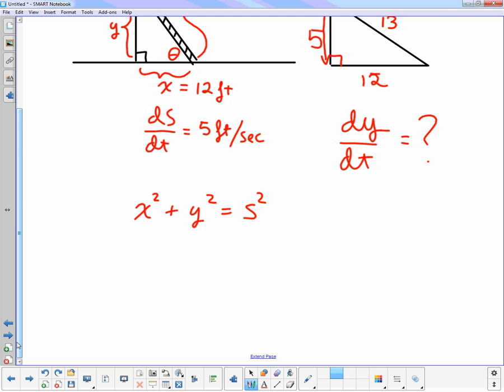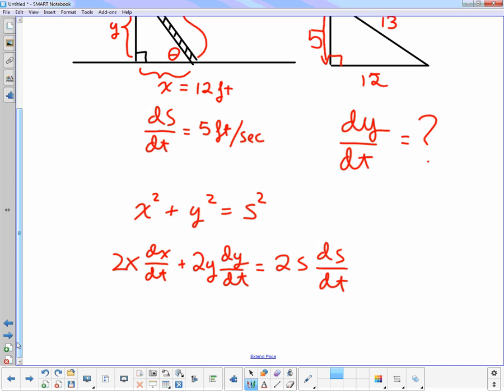Take the derivative with respect to t on everybody. Now, what about that? Well, if we did take a derivative, it would be 2s ds/dt. But what is ds/dt?